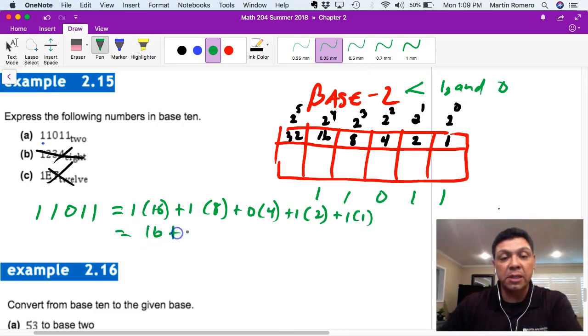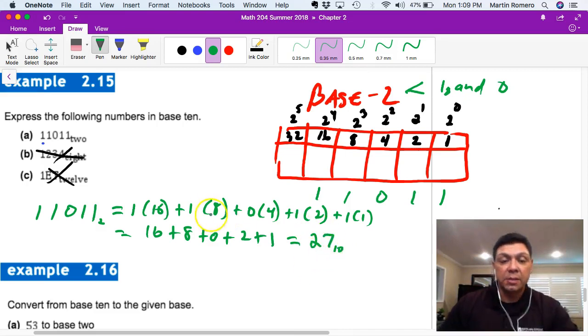So you end up with 16 plus 8 plus 0 plus 2 plus 1. So 1, 1, 0, 1, 1 in base 2 is equal to 27 in base 10. Remember, we don't write the little 10, but that's base 10. And so that's how we use the expanded form for base 2.